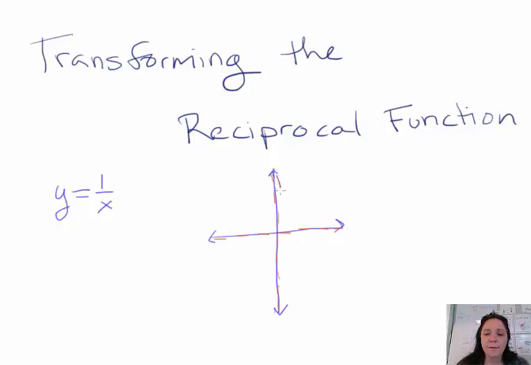And the basics of our function is going to be a curve like this, forever approaching the asymptotes, and a curve like this, also forever approaching our asymptotes.